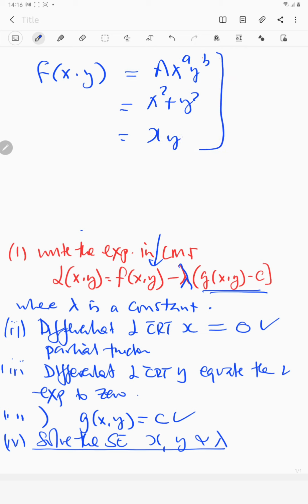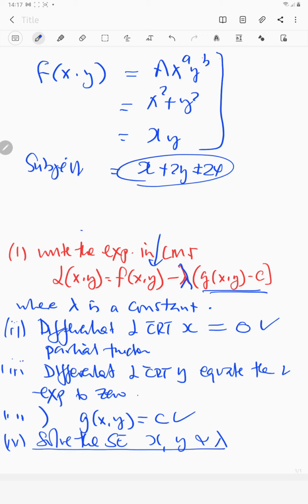So this is the rule that you must take note of. And normally the subject-to part, which is the constraint, can be a linear function of this sort, maybe equal to 24, or any linear function. So at the end, we are able to determine the value.